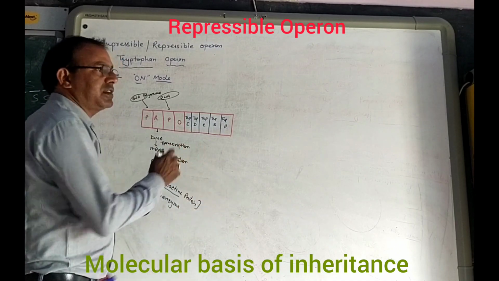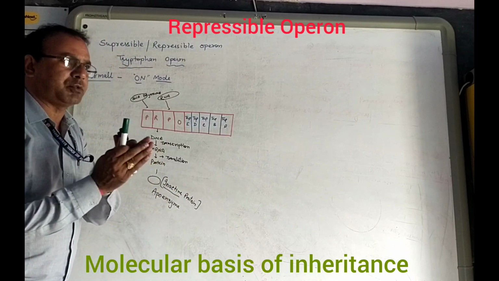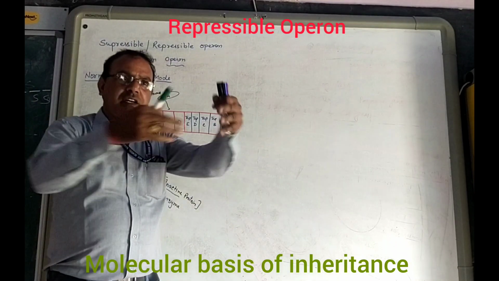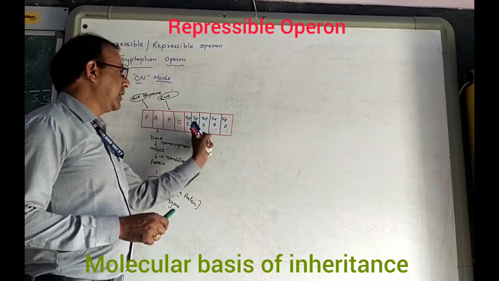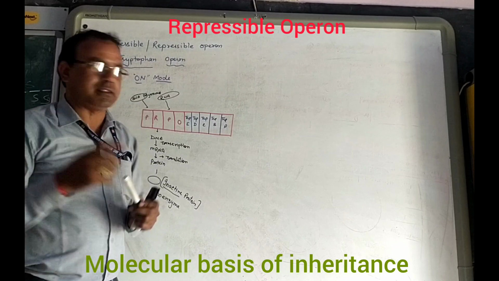Then what is the role of the structural genes? There are 5 structural genes, and these 5 structural genes synthesize different types of enzymes. But collectively, the enzyme synthesized by all 5 structural genes is called tryptophan synthetase.